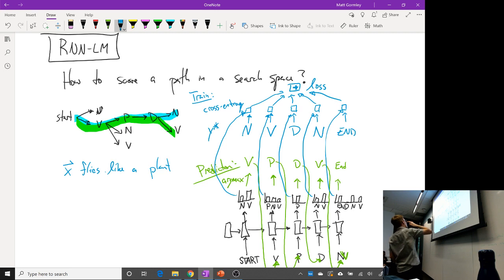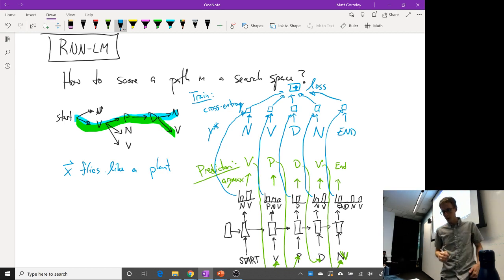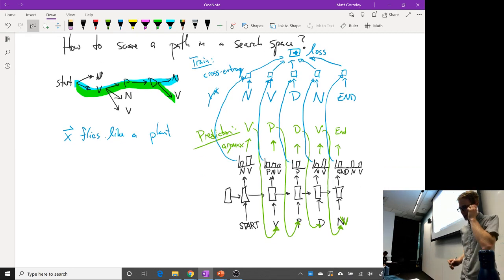Once we have that loss term, we have a computation graph, and we can just backpropagate through it.